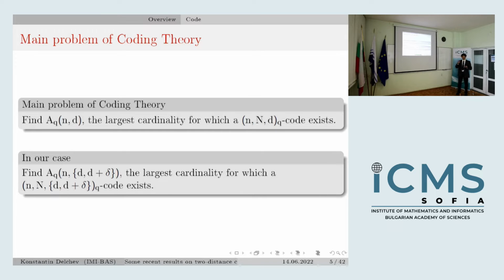And there is a neat connection between the distance and the number of errors that the code is able to correct. This is a lovely practical application which motivated the beginning of the field, but this is not why we study codes now. They are just wonderful algebraic, combinatorial, and sometimes finite geometrical objects. In our case, we will look into the largest cardinality for which this code exists.